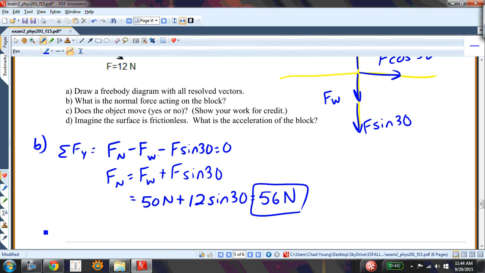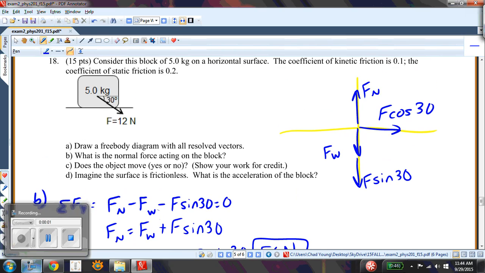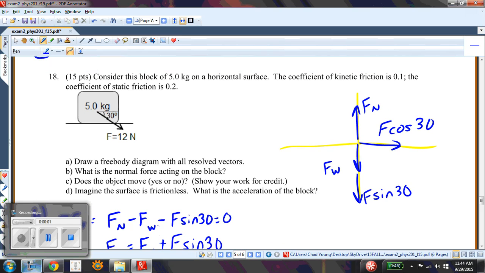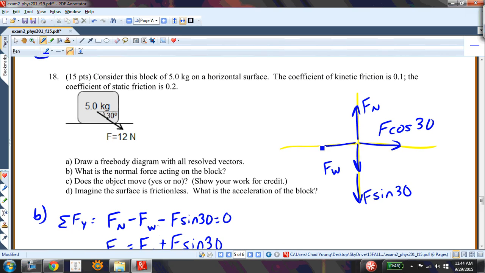Now C, does the object move? Yes or no? What's relevant here is something I didn't draw, I'm sorry, that I need to also have my frictional force here. I need to know, does this force exceed the static frictional force? If it does exceed the maximum static frictional force, then it will be moving.